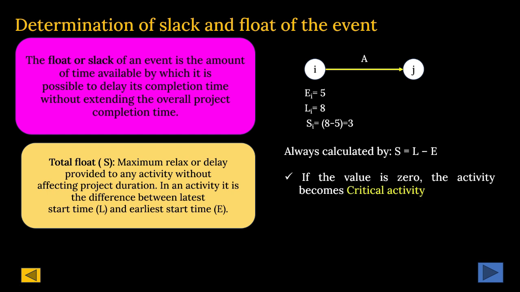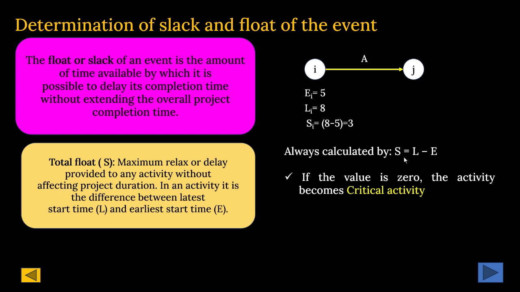Now we are having some consideration on this. If the value is 0, the activity becomes critical activity. So if the value of S at any node is 0, that will become the critical activity.